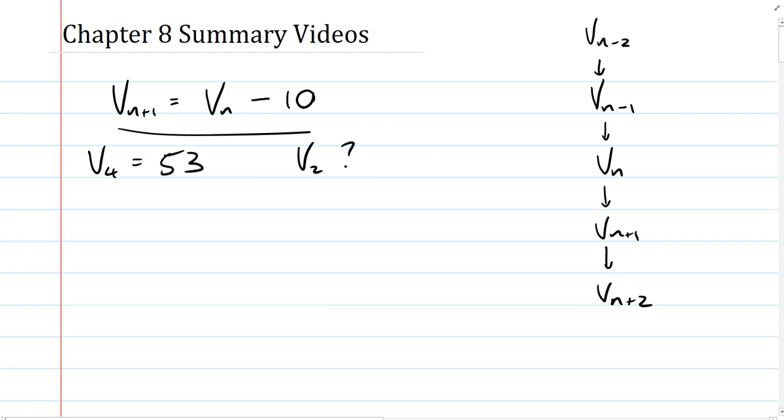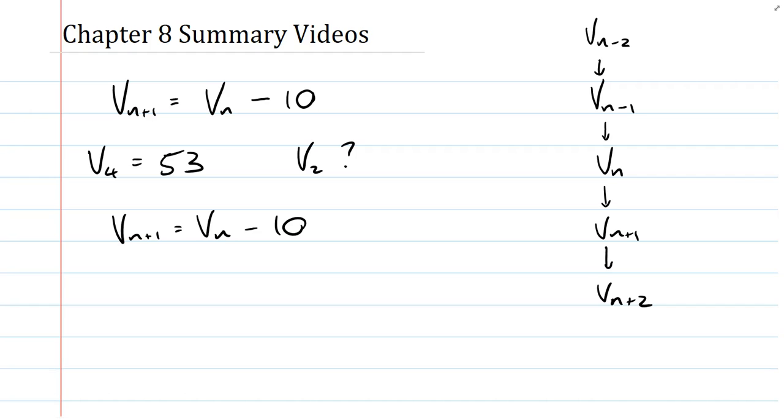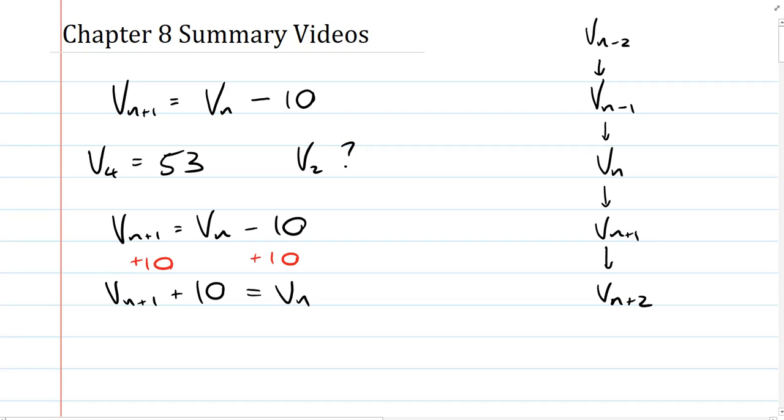So what we can do with this expression here, if this helps us to go forwards, but if we want to go backwards, we're going to reorder it. So we're going to go Vn plus 1 is equal to Vn minus 10. I'm going to add 10 to both sides using classic algebra. So we've got Vn plus 1 plus 10 is equal to Vn. If I rewrite this, Vn equals Vn plus 1 plus 10.